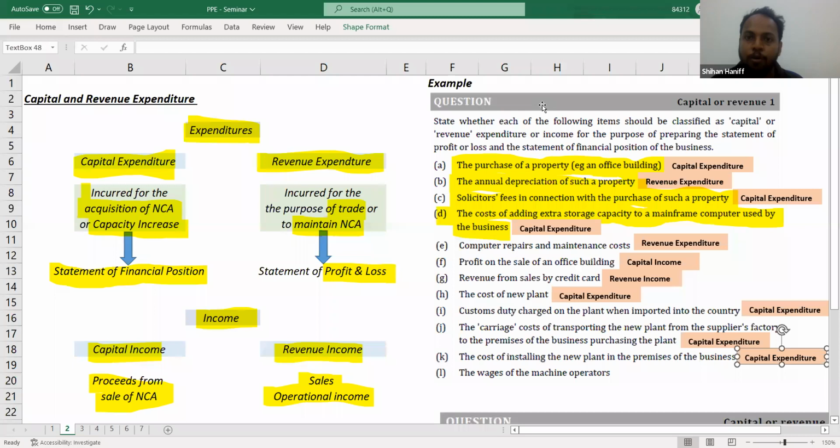So I hope now it's clear what is capital and what is revenue. You can ask me any questions if you have. Okay, right. Let's move to the next part.